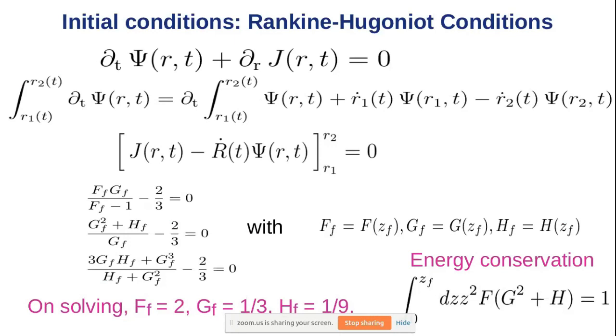If I substitute the Rankine-Hugoniot conditions for the three PDEs, I get these three equations, where I have used f of ZF as f for brevity. I'll also tell you what ZF is in a moment.